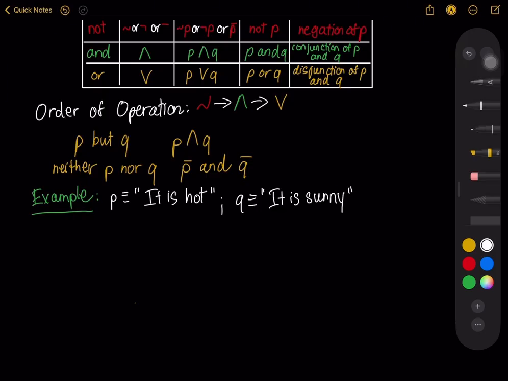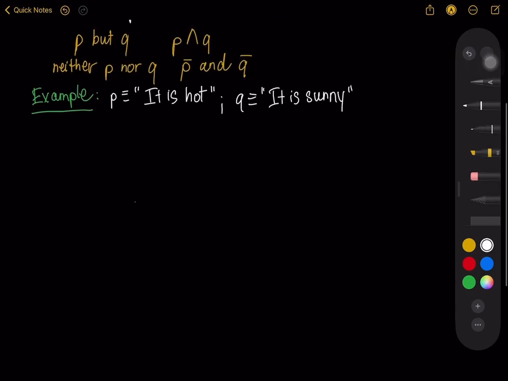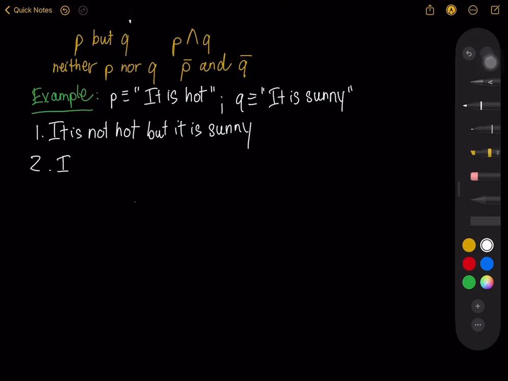So I have complete sentences. First, I have, it is not hot, but it's sunny. And the second one I have, it is neither hot nor sunny.